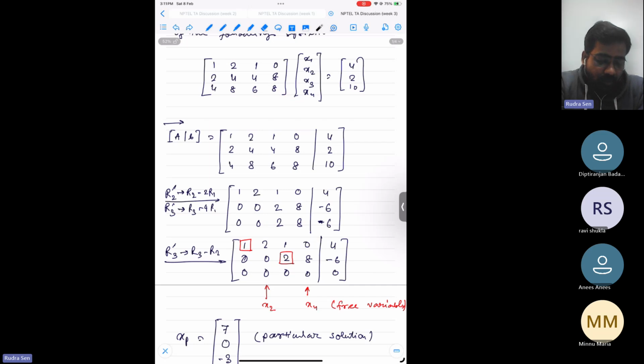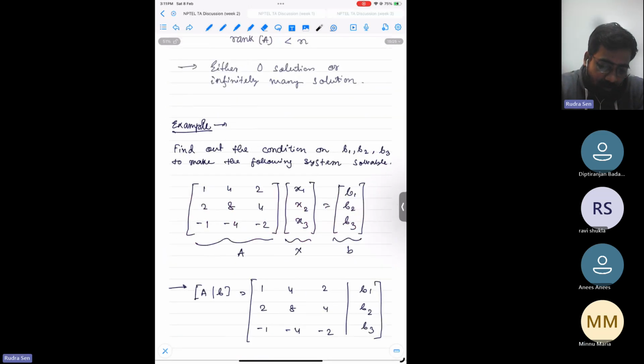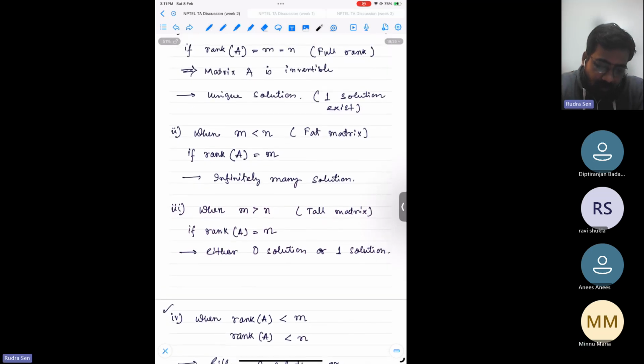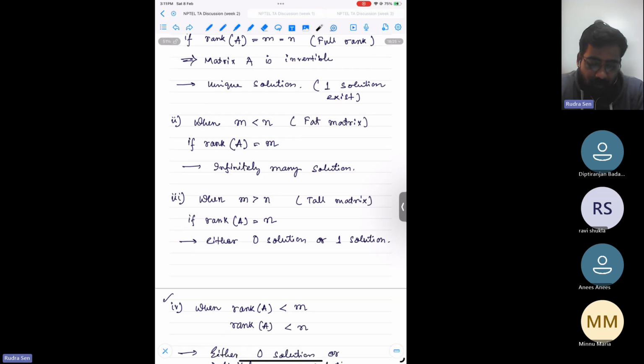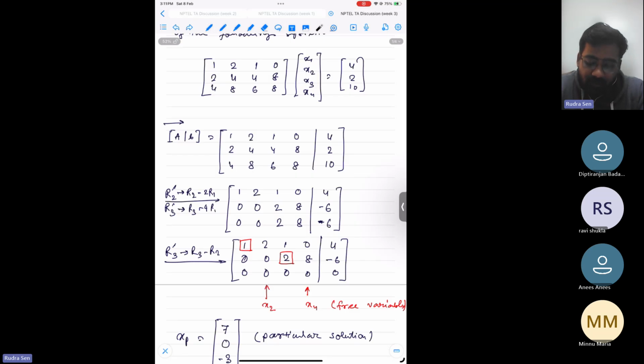Okay, so we have seen already in the previous class that in the case of a fat matrix we will always get infinitely many solutions, whether the matrix is full rank or not full rank, unless something happens in the last equation.